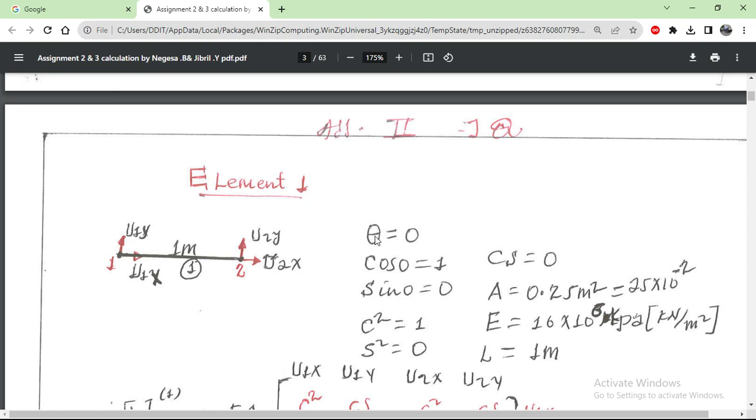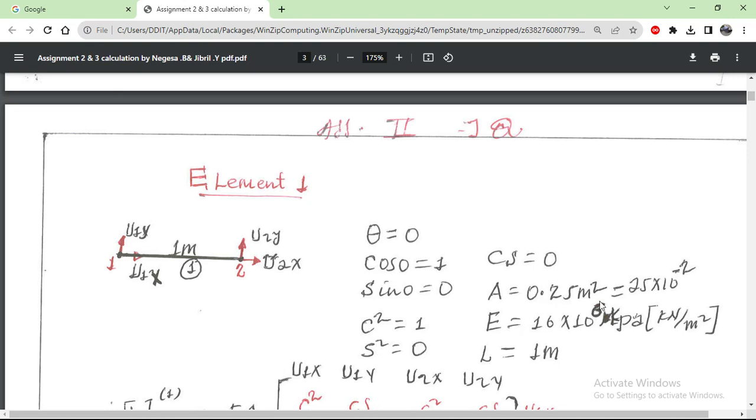Theta is 0 degrees, meaning it is horizontal, a straight line. Cos of 0 is 1, sine of 0 is 0, so cos times sine equals 0, cosine squared is 1, and sine squared is 0.